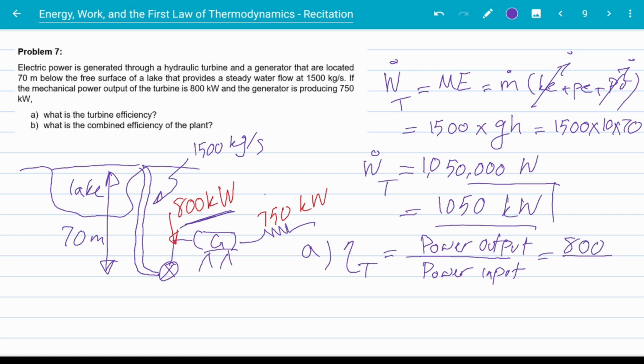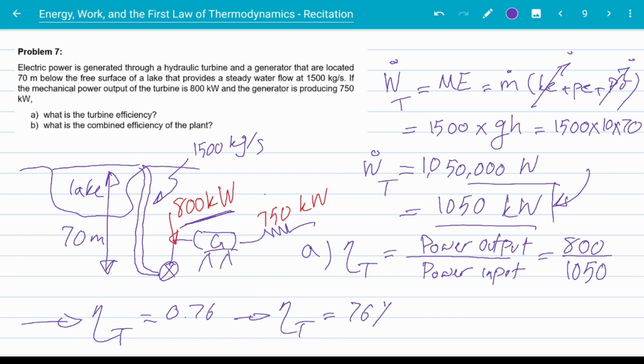Power input is what we found here, the mechanical energy of the fluid that was delivered to the turbine. It's 1050. Doing the math, we get that the efficiency of the turbine is 0.76, or the turbine efficiency is 76%.